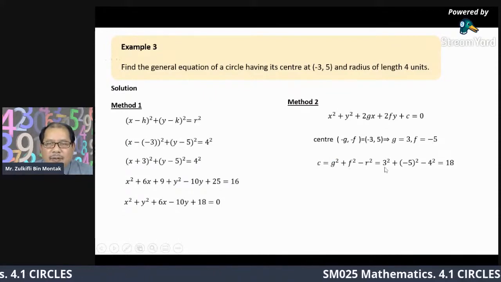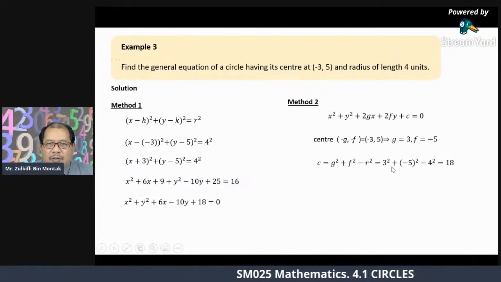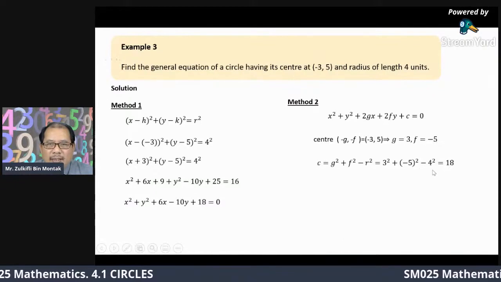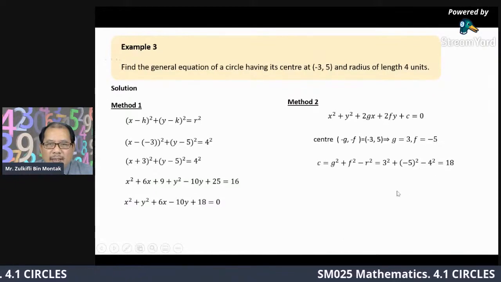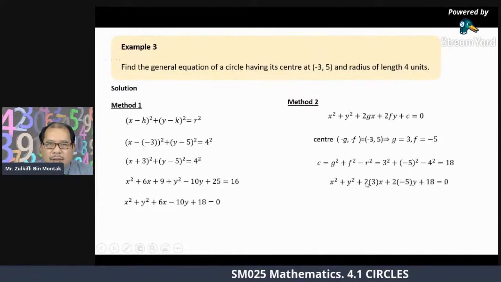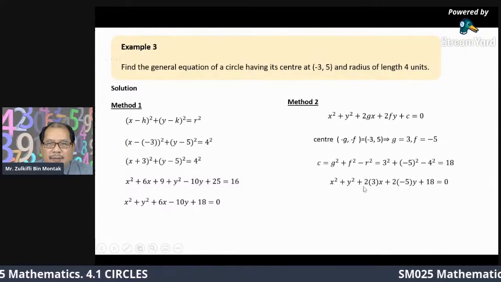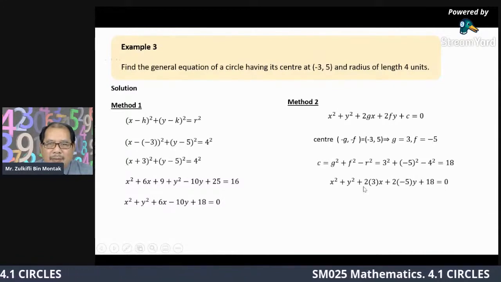So that means here 3 to the power of 2 plus negative 5 to the power of 2 minus 4 squared equals 18. Now we plug into the equation x squared plus y squared plus 2gx plus 2fy plus c equal to 0.